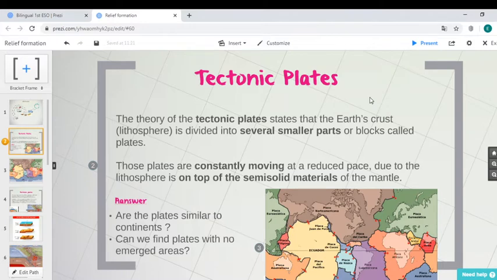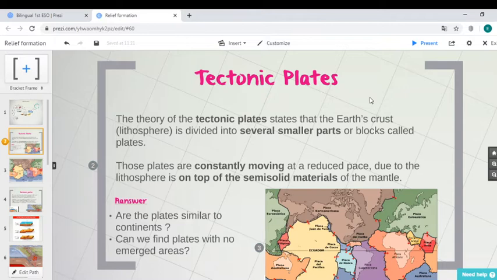This theory states that the Earth crust, the lithosphere, now you remember what the lithosphere is, I'm sure, it's a really thin layer of the Earth, just on top of the mantle.